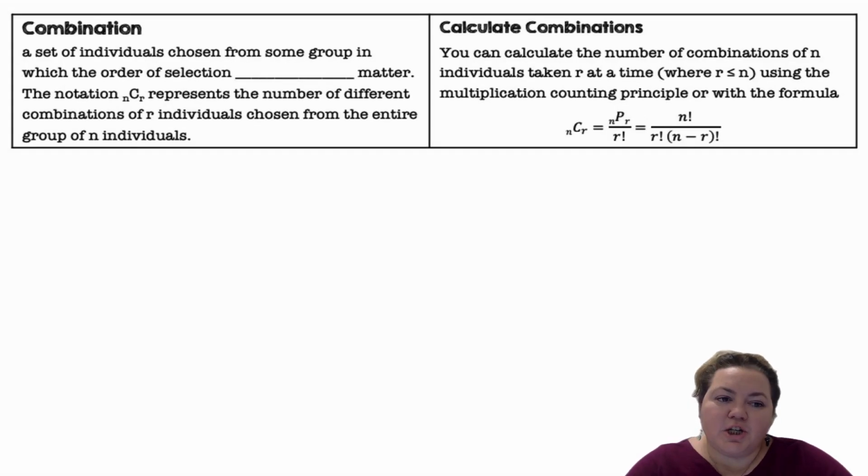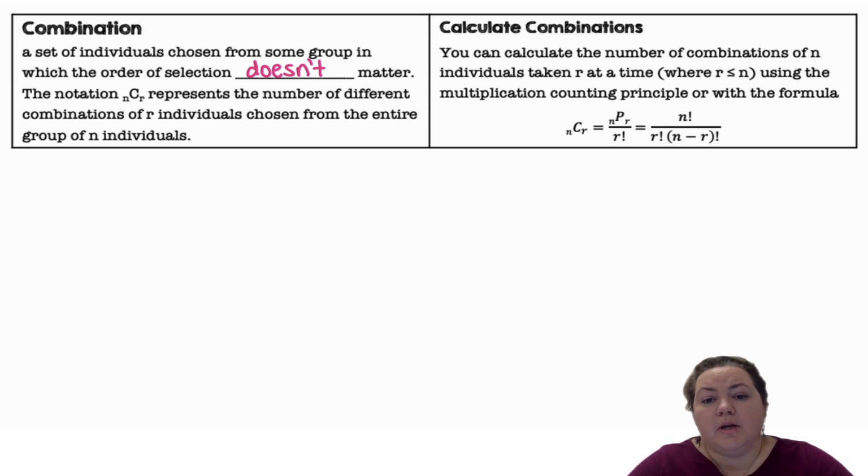All right, a combination is a set of individuals chosen from some group in which the order of selection doesn't matter. The notation nCr represents the number of different combinations of r individuals chosen from an entire group of n individuals.